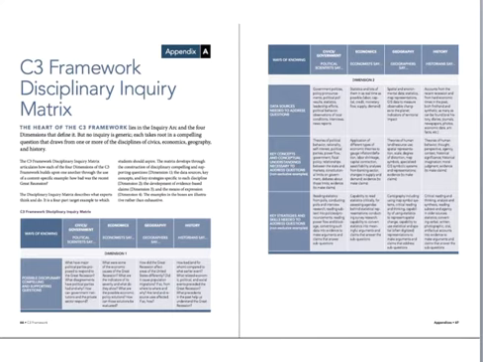It describes how experts in the disciplines think about each of the 4 dimensions in the inquiry arc. So the full matrix addresses all 4 dimensions in the C3 inquiry arc. The first dimension on questions, the second dimension on content areas, the third dimension on using sources and evidence, and the fourth dimension on communicating conclusions and taking informed action.